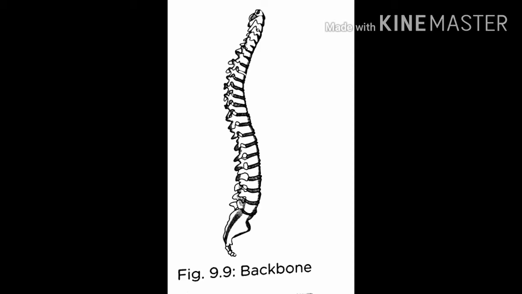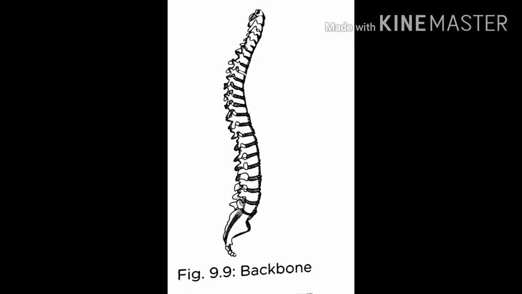It is made up of a number of small bones. See this picture. This is the backbone. It's not a smooth bone.